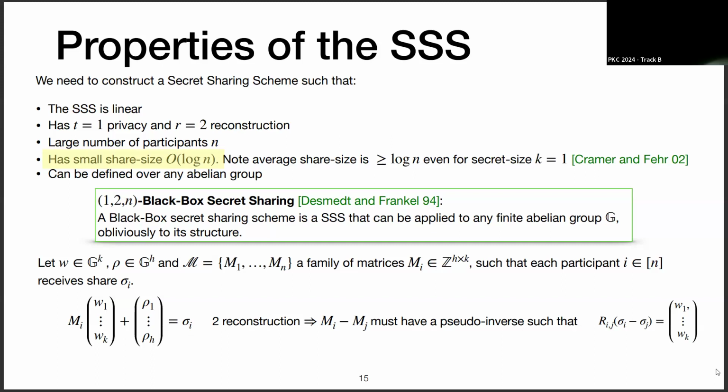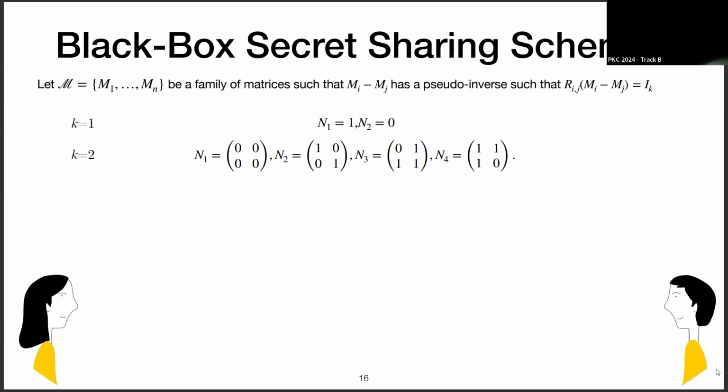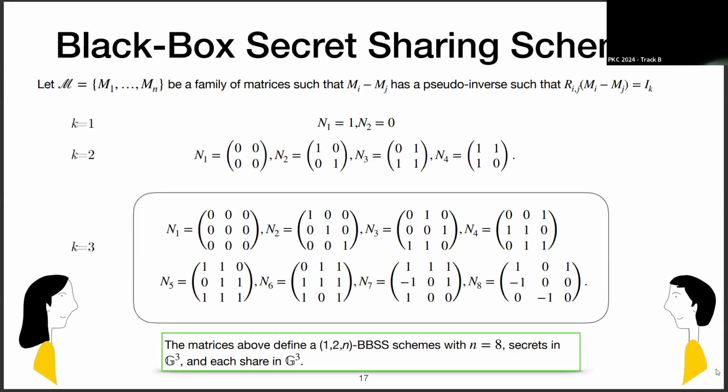So let's see how we define such a family, how we construct it. These are two examples of families that satisfy the pseudo inverse property. The first one is kind of trivial, and the second one implies a Sigma protocol of 4 participants, because we have 4 matrices, and they share 2 secrets in a share size of 2 elements. So that would be like log n.